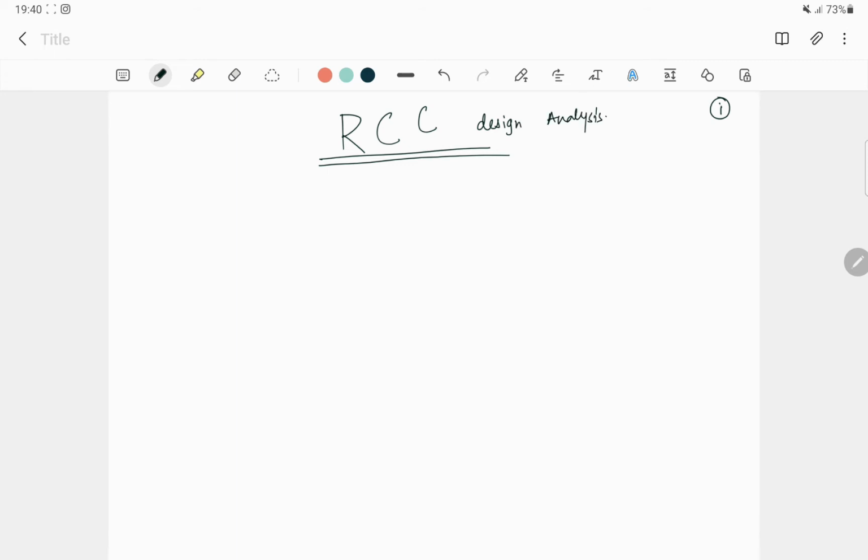But before starting the design analysis, first we have to understand why we read RCC design. I hope there are some people in whose mind this question is arising.